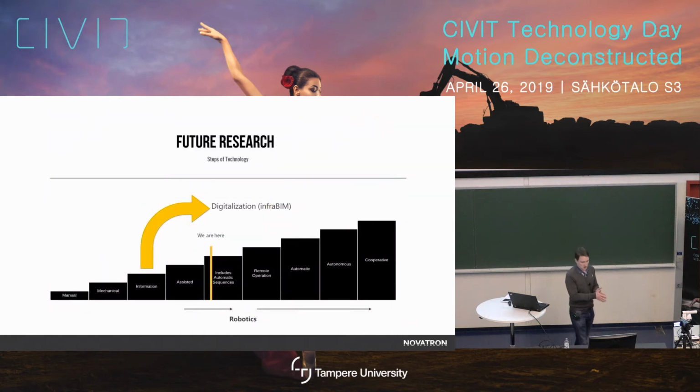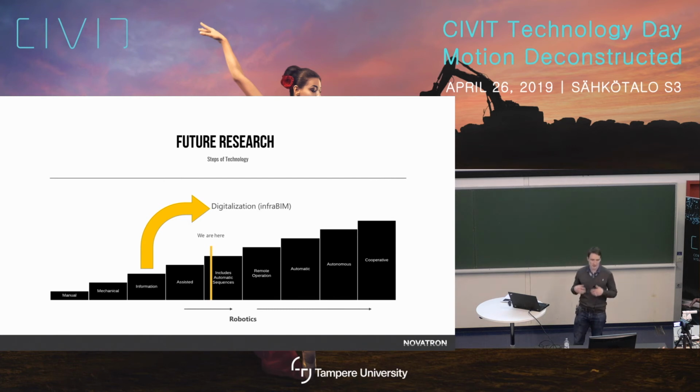And just to give you also a quick piece of information about where we are heading in the future, these are the steps of technology as we see it. Everything starts from the manual work process into mechanical work and so on. In the information stage, we start gathering information of the whole environment in digitalized form.